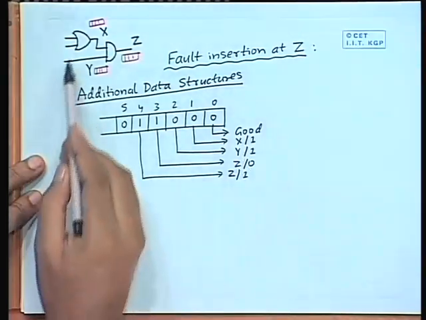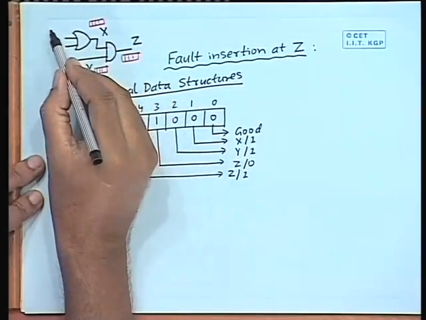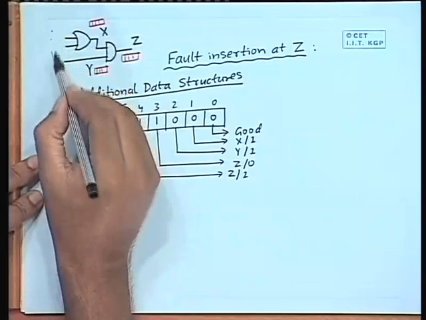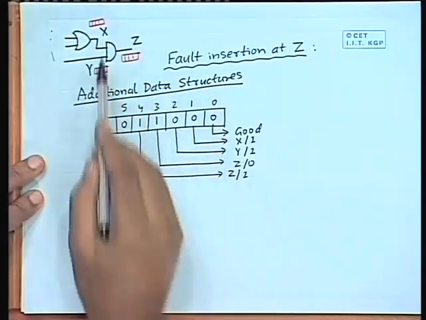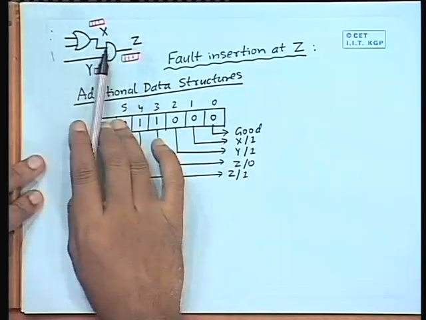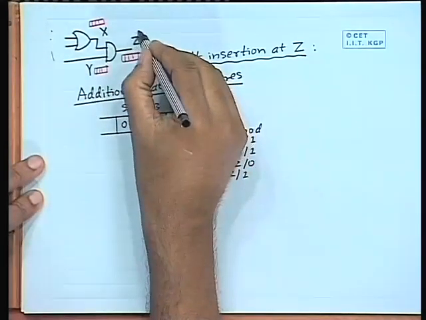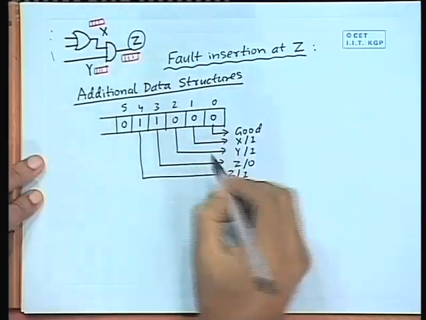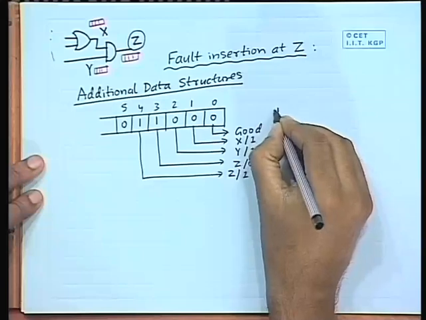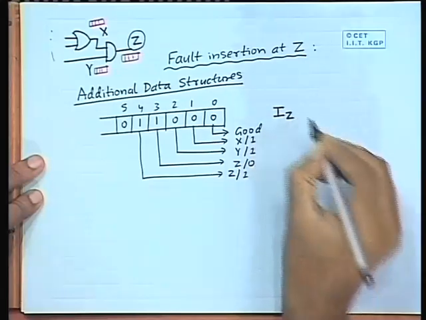There will be other faults in the circuit also, there can be some faults on other lines like W, V. I am showing some of the faults, but when you reach here you are more interested in the faults on the line Z, the output of this gate. So, this list we are calling IZ.